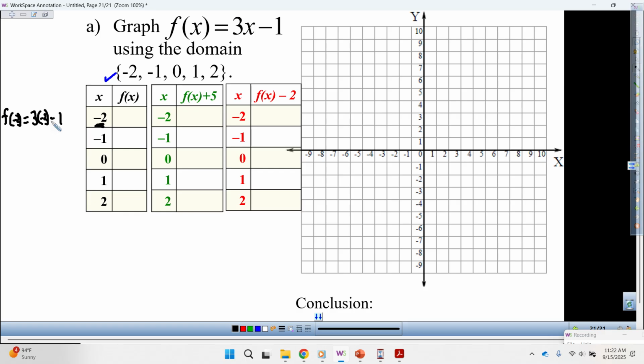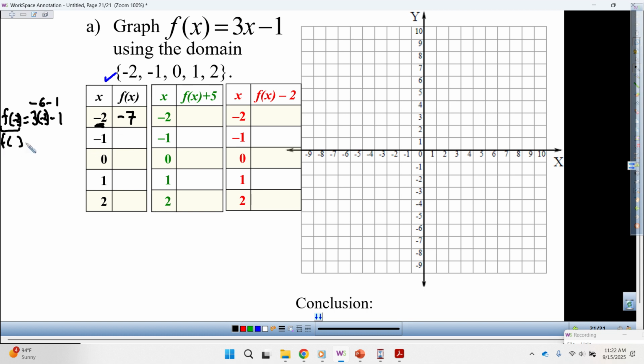Are we there so far? Okay, very good. So now we're going to work on the right side. The left side is only a label, yes? So the right side, what is 3 times -2? That's -6. Minus 1, that's what? -7. Do you fill that in the table? Let's do it again now for the -1.